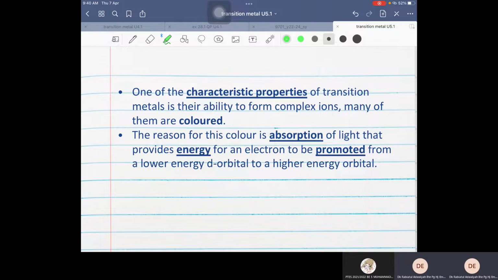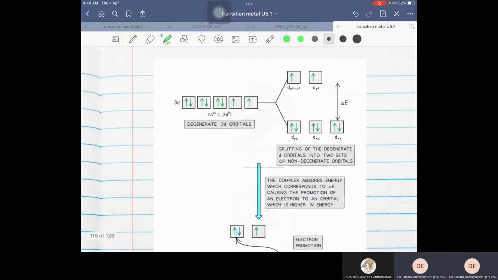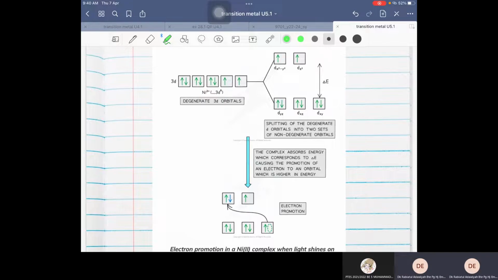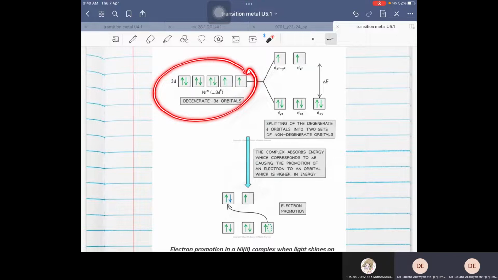When an electron absorbs this energy, when an electron has energy, it can undergo what we call a promotion or excitation. That means it goes from the lower level to the higher level. Okay? So if we look at the summary, you start with a transition metal that has degenerate d orbitals, all the same energy.